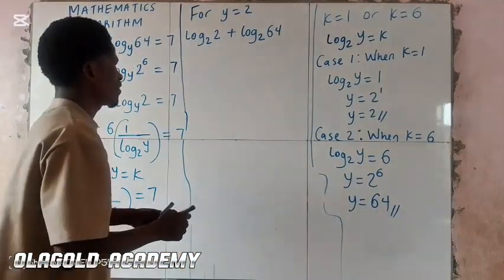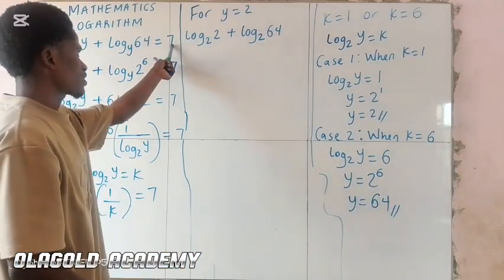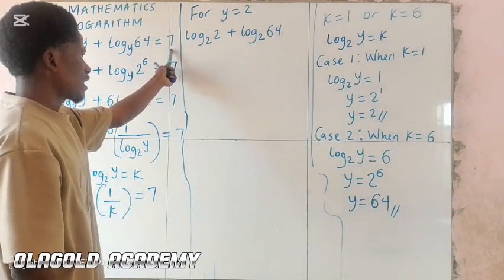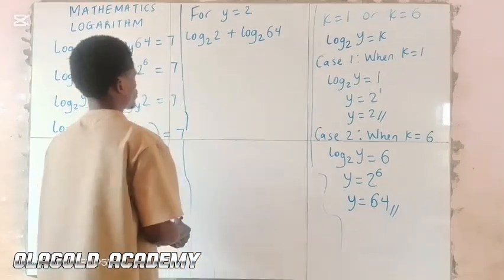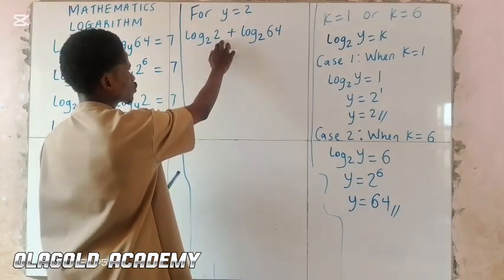Let me check if I'm going to get 7 as my answer. If I get 7 as my answer, it means that y being equal to 2 is correct. So let's continue. Now log 2 of 2 is 1.